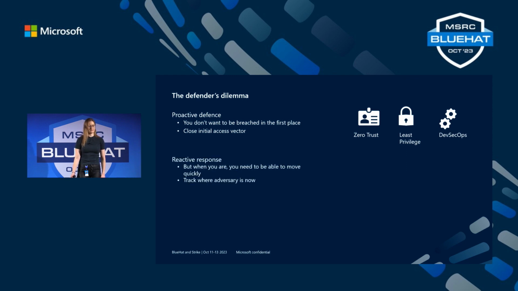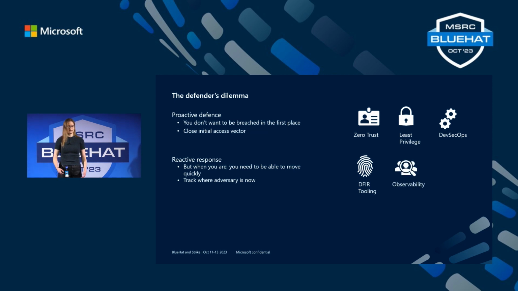And on the reactive response side, we need to do things to make sure that when we are compromised or there's an attacker in our network, we can identify them, track them, and ultimately remove them. And that involves investing in our DFIR tooling, instrumenting our stuff with observability, and also working on our containment and eviction protocols. But the interesting thing here is that investing in either one of these, for example, investing in our response tooling, doesn't necessarily support the proactive defense side of the house. They're quite orthogonal to one another.